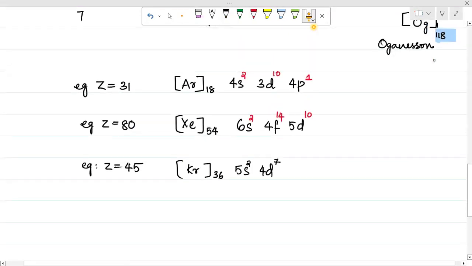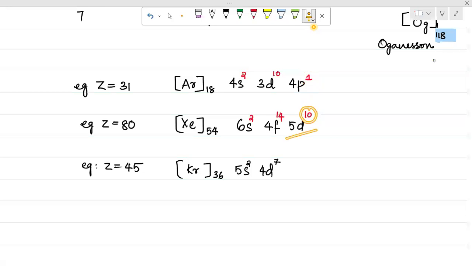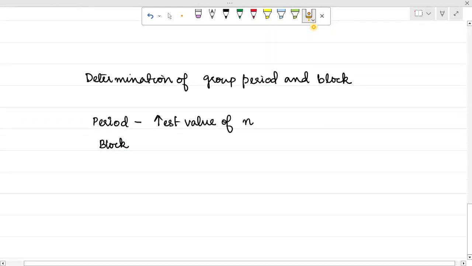For example, here the final electron enters into the p subshell and hence this belongs to the p block. Here it enters the d and hence this is d block. If it stops at S, it will be S block, and if it ends in F, it would be an F block.